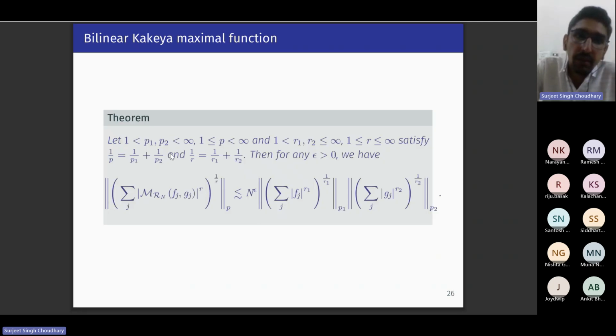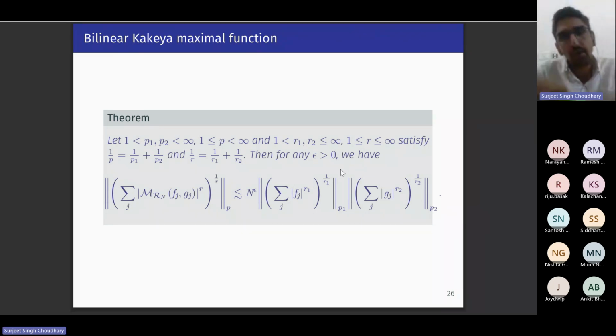So basically, whenever p1, p2 is strictly bigger than 1 and p is bigger than or equal to 1 in the Banach range, and similarly r1, r2 strictly bigger than 1 and r bigger than or equal to 1, satisfying the Holder relation, then we have vector valued boundedness for the bilinear Kakeya maximal function with some growth n to the power epsilon for arbitrary epsilon bigger than 0.